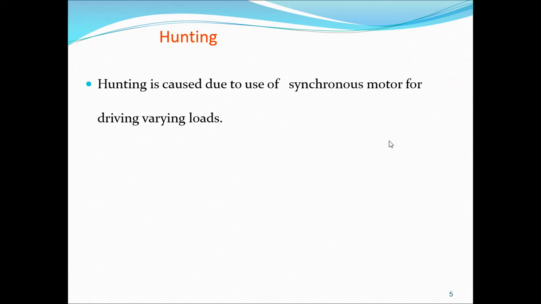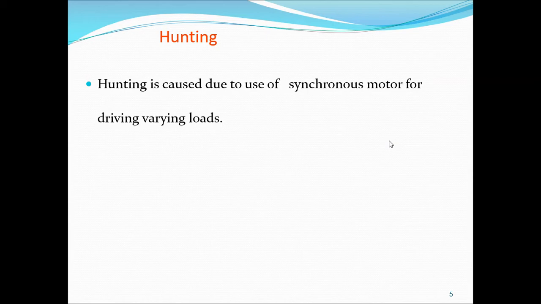Due to these fluctuations, the motor comes out of synchronism and the motor stops. So this is the objectionable phenomenon. If hunting is more than some particular value, it produces pulsating torque, and because of that torque the motor comes out of synchronism and stops.